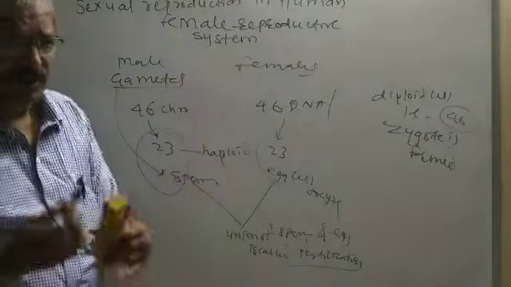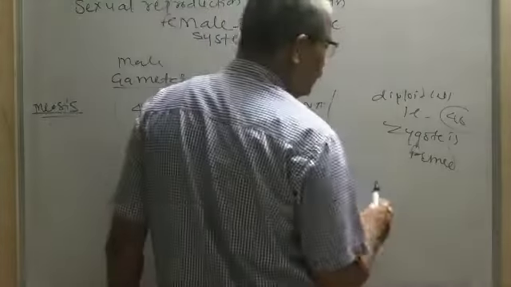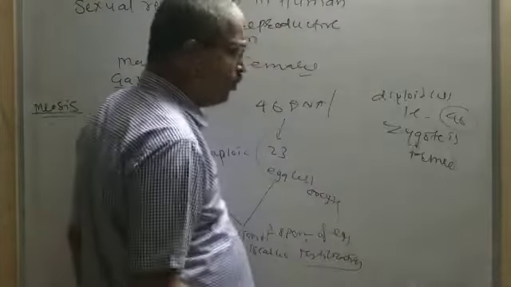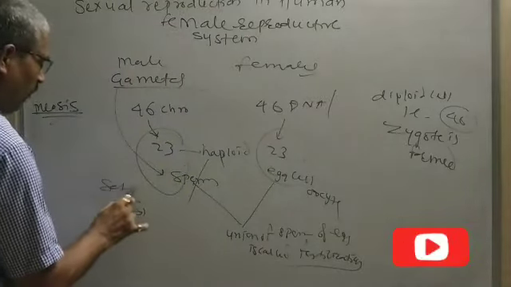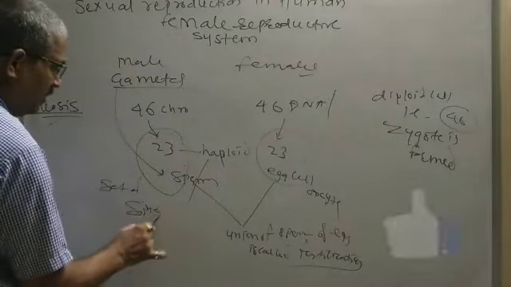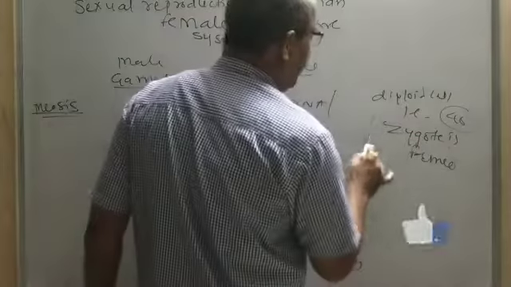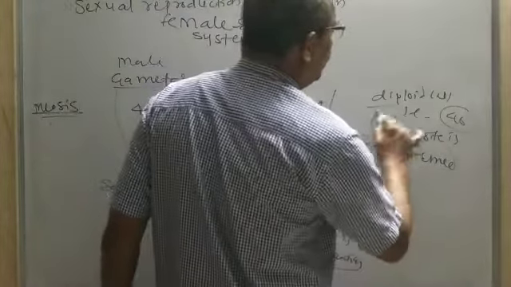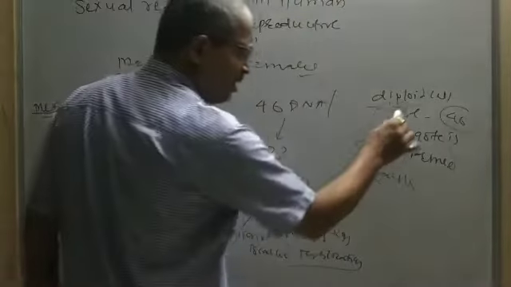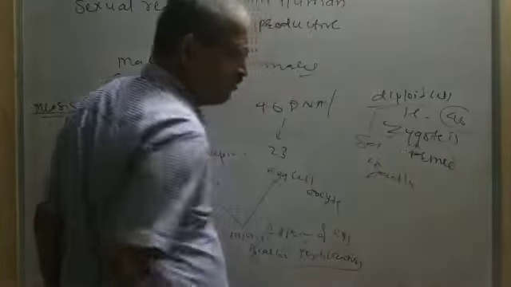In haploid there is a set of single gametes, and here a set of double gametes is called a diploid cell. And then this diploid cell, that is the zygote, is formed.